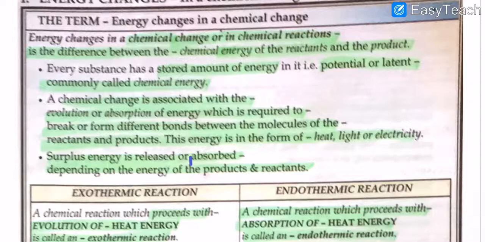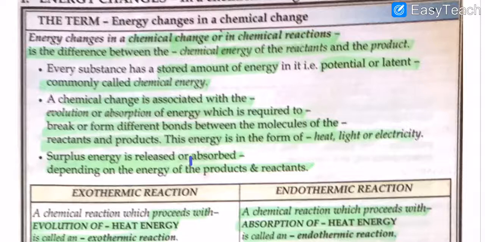Energy change in chemical reactions is the difference between the chemical energy of the reactants and the products. That's your energy change. For example, this is not true, I'm just giving a random example for you all to understand.